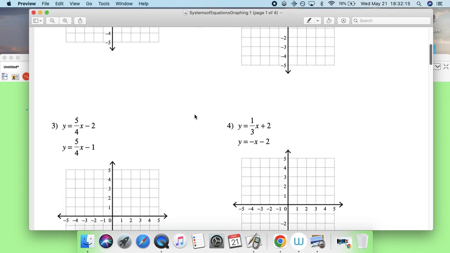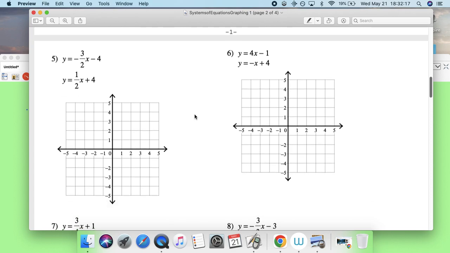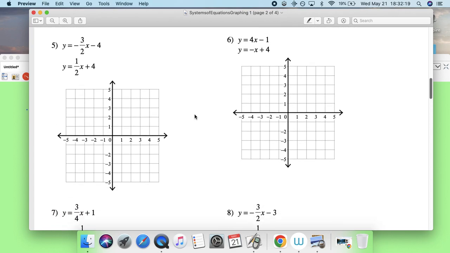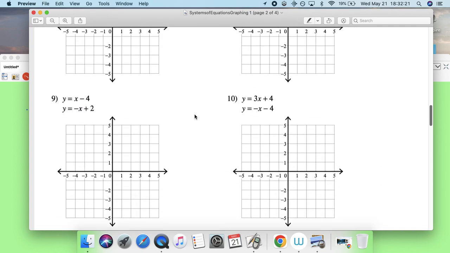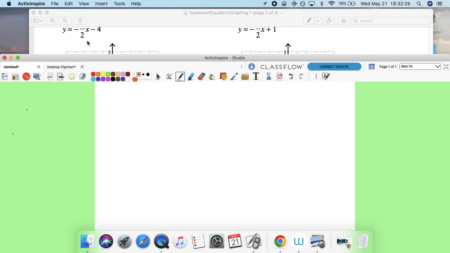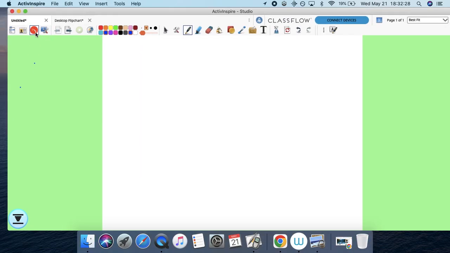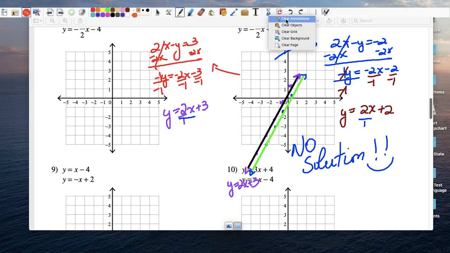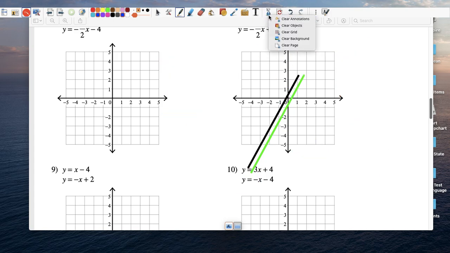I know we definitely did 1, 2, 3, 4. We did the first page, and then the second page, I'm just going to pick, oh shoot, I'll pick 7 and 10, okay? And hopefully those were the ones that I assigned. And if it's not, it's okay, you can use these as examples. Clear objects, clear page. Let's go to 7.